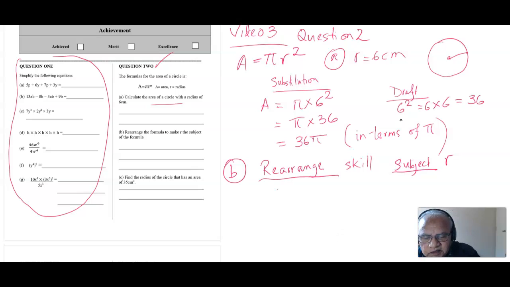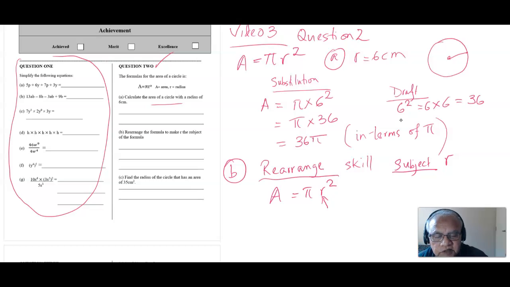So let me write down A equals pi r squared. Now think of this. r should be the main subject of the formula. That means we got to write, let me erase that.